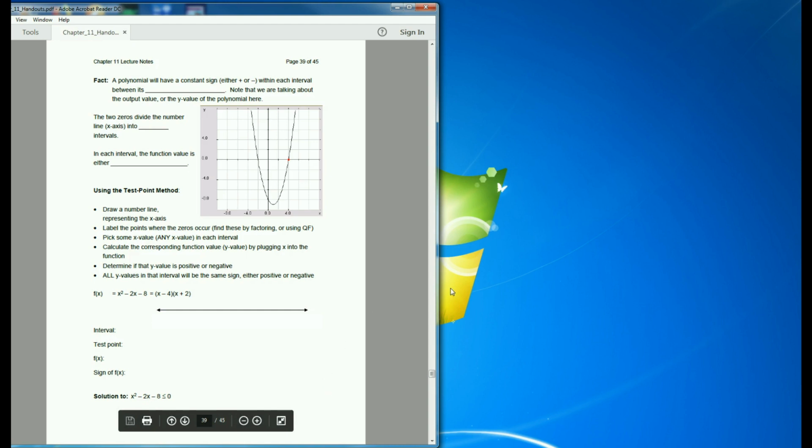All right, so this method makes use of the fact that a polynomial will have a constant sign, either positive or negative, within each interval between its real zeros.